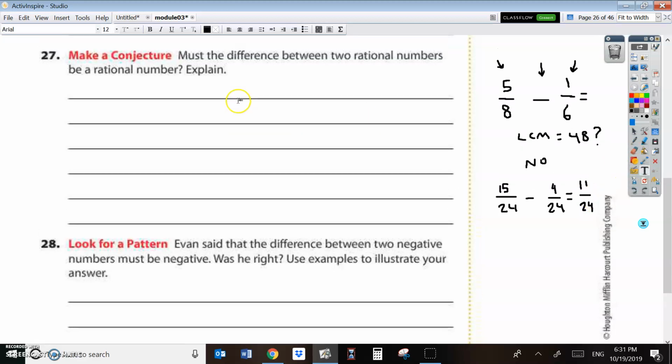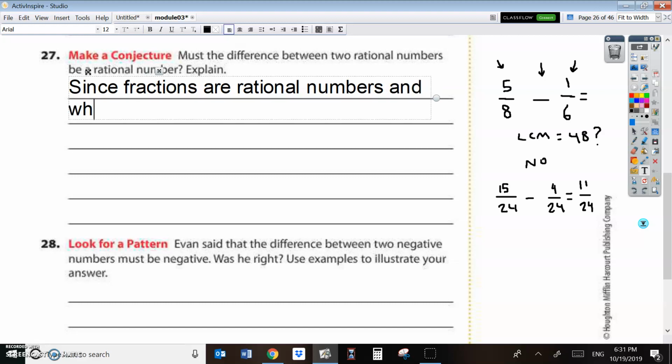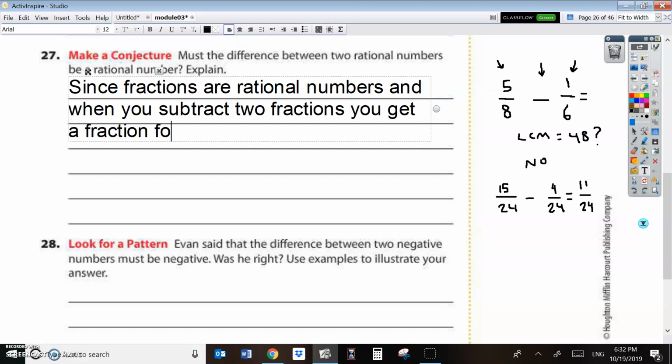Okay, so since fractions are rational numbers, and when you subtract two fractions, you get a fraction for your answer.